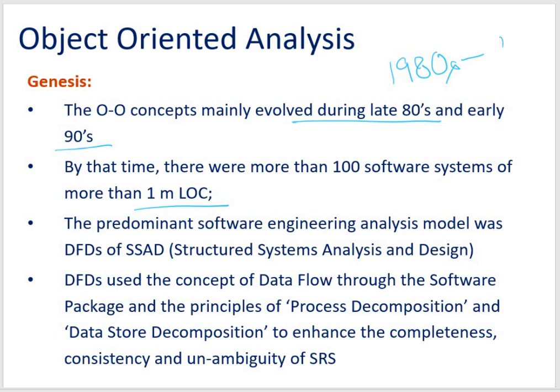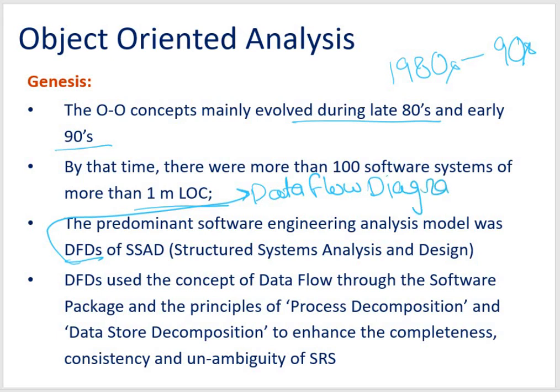So a bit late. And the predominant software engineering analysis model was your DFDs, which we studied a few minutes back, which is your data flow diagrams, and your SSAD, structured system analysis and design.